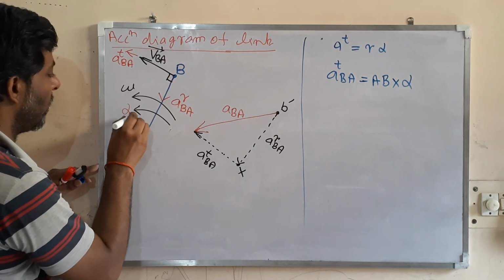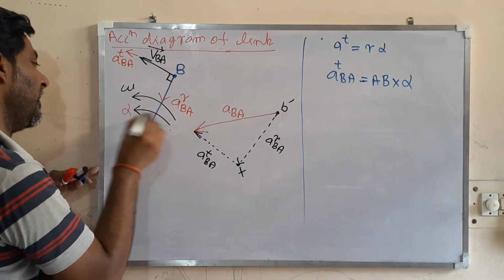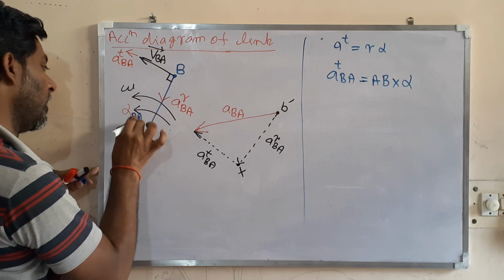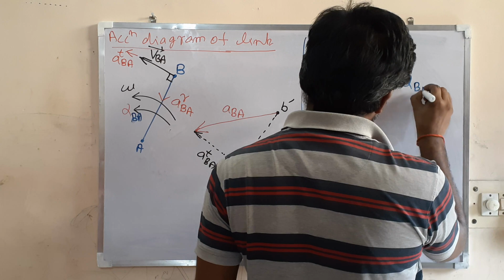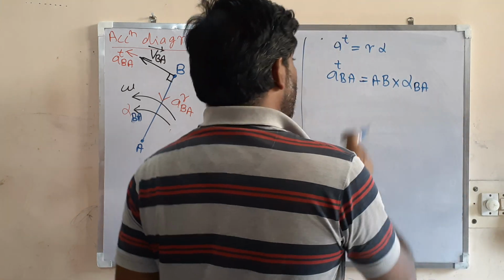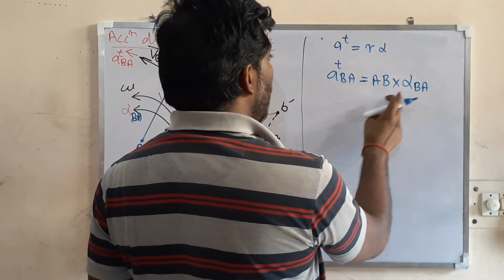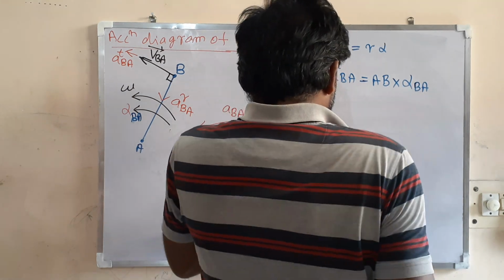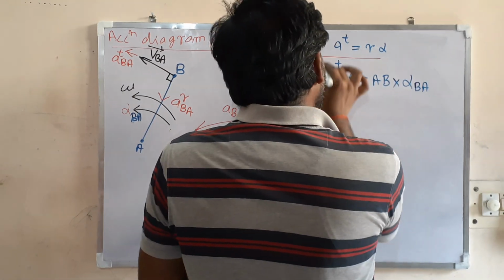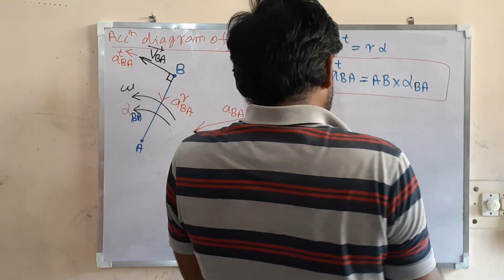Let us say this is alpha AB, that is for a link. So alpha BA or alpha AB, you can write either. So AT of BA is equal to AB into alpha BA. This is the relation for a link.